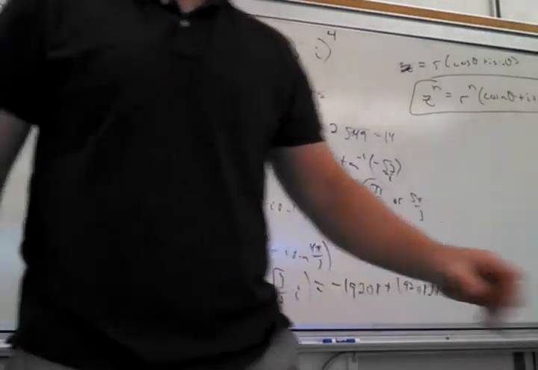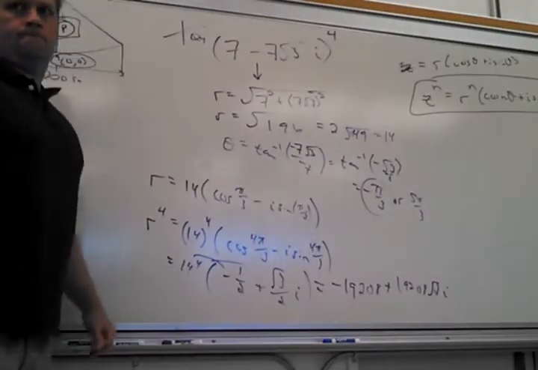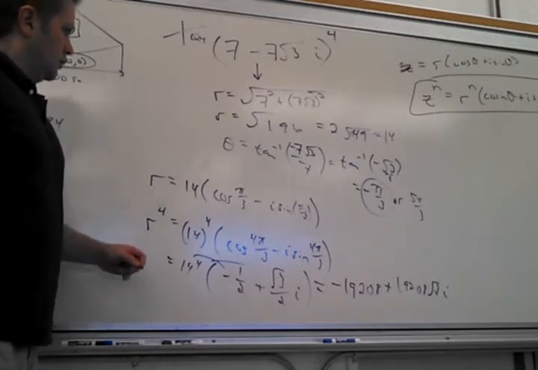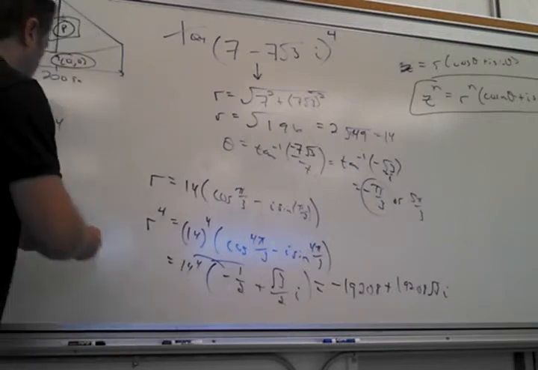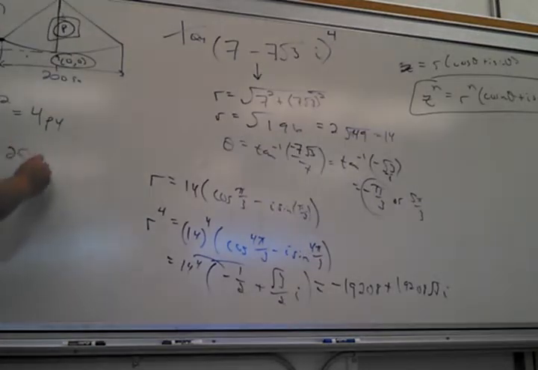Wouldn't it still simplify down? If you had 20 pi over 3, it'd still simplify down. So 6 rotations would be 18 pi over 3, leaving 2 pi over 3.